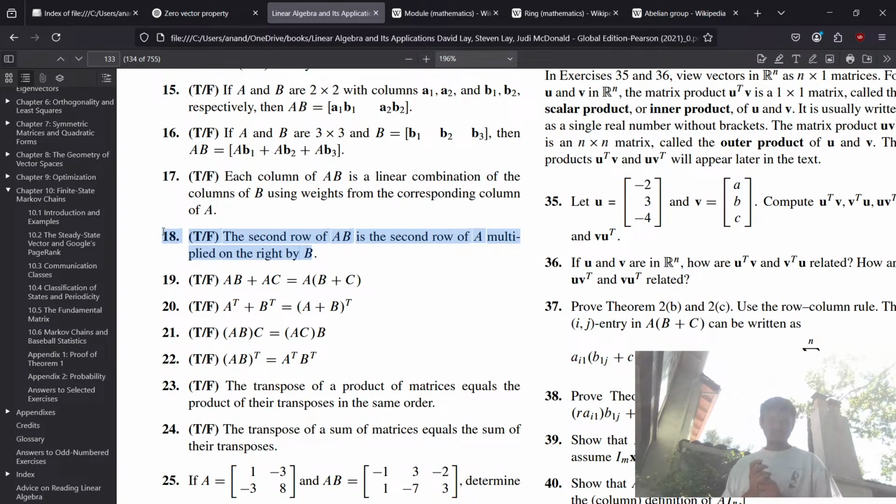So let's see. 18. The second row of AB is the second row. Yeah, that's actually true. Okay, I believe 18 is true.